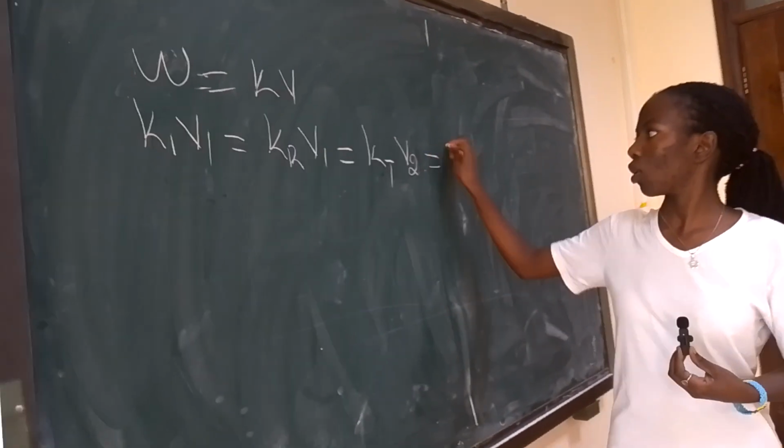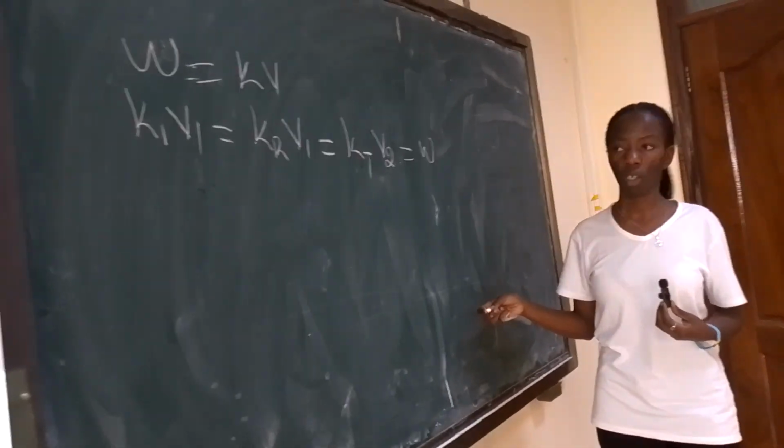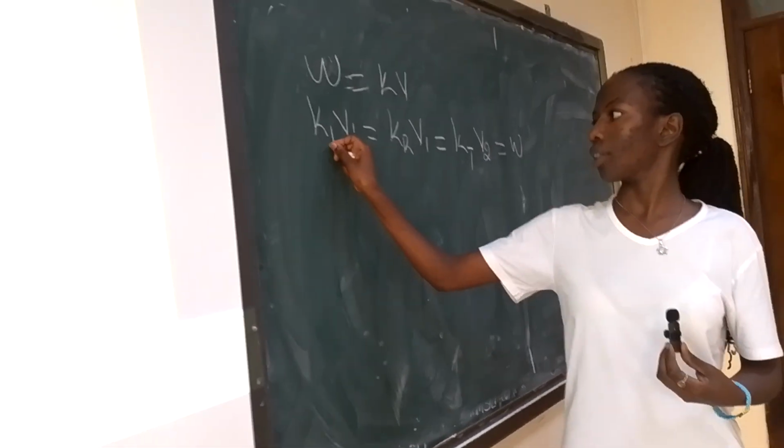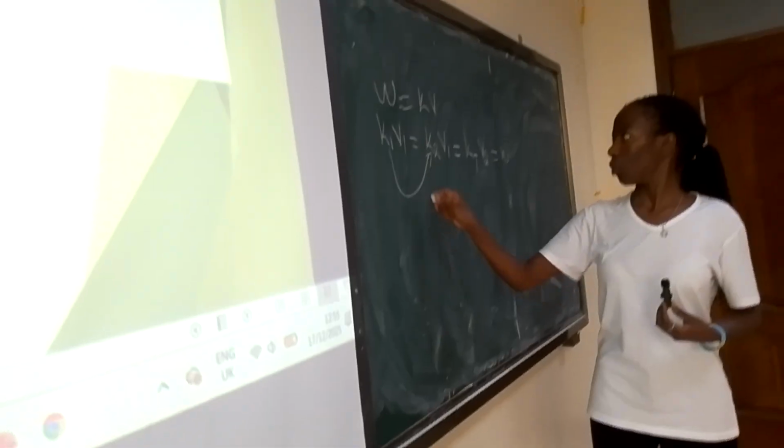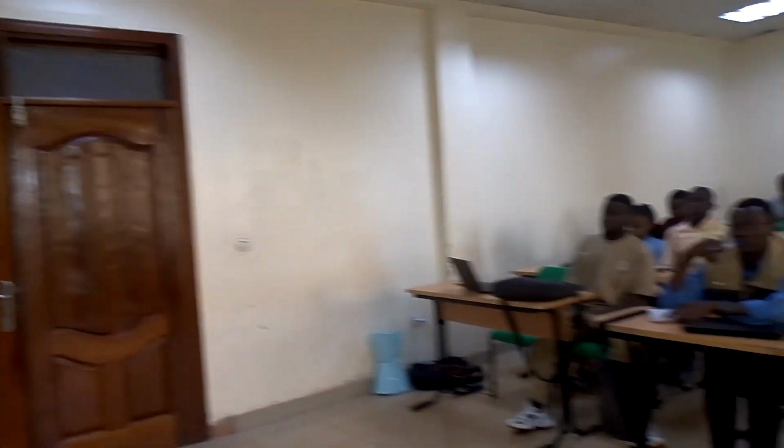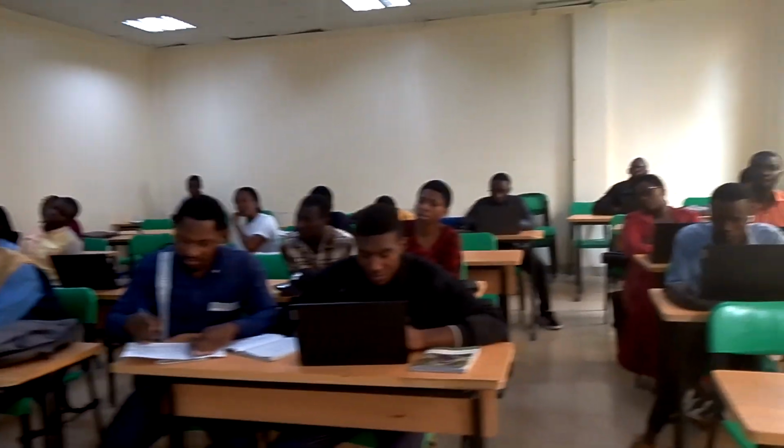And this is equal to the angular frequency. By equating these, we can see that K1 V1 is equal to KT V2.